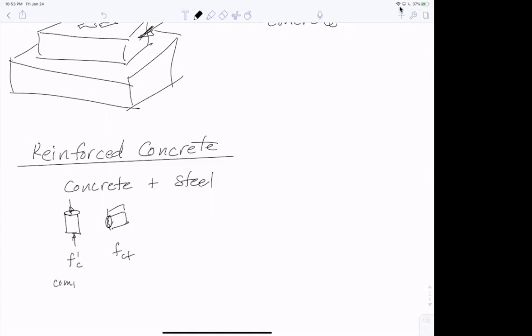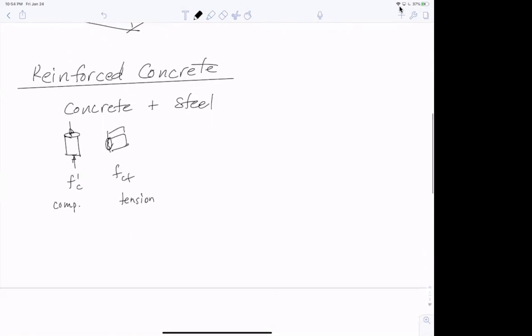So this is compressive and this is tension. And if you remember, one of the big things we found out is that FCT was an order of magnitude lower than F prime C. The tensile strength was about a tenth. Like in our class, it came out to be about a 12th actually of the concrete strength.